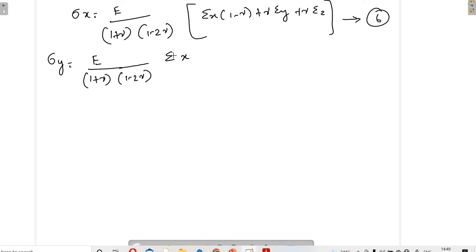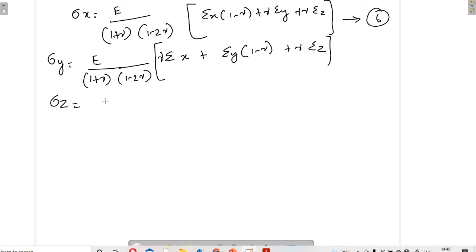Nu into epsilon x plus epsilon y into 1 minus nu plus nu into epsilon z. So you have to multiply 1 minus nu with the corresponding direction. Now we are considering y, so I am multiplying 1 minus nu with the y direction. For the other components, I am multiplying with nu.